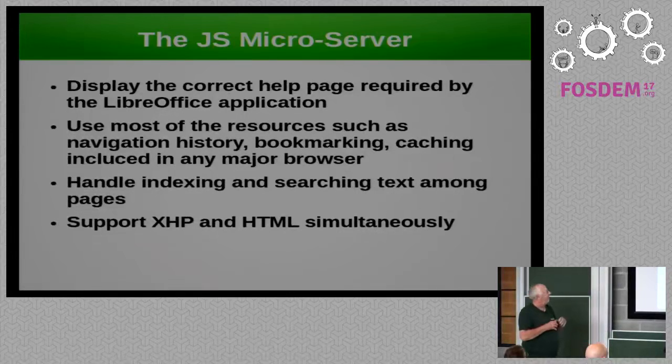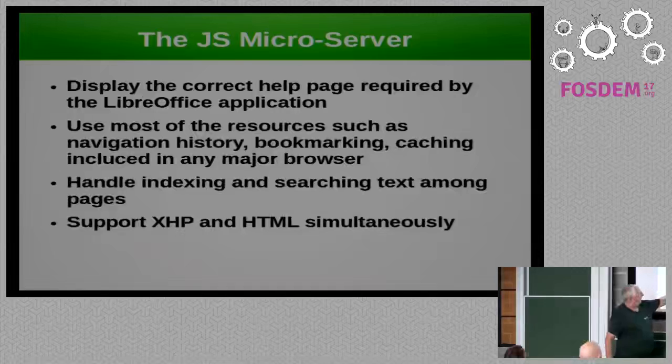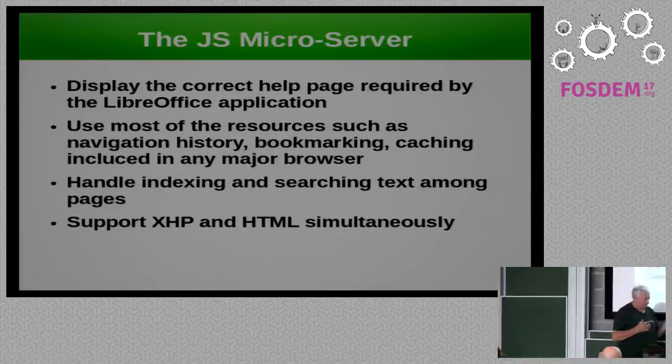It handles the indexing and searching of text amongst pages, so that we can look for a specific string or specific keywords and get a list of pages. And perhaps it supports the old XML and the new HTML simultaneously.